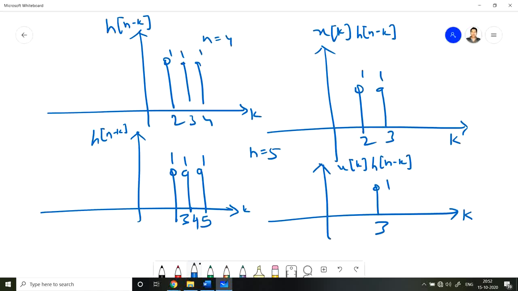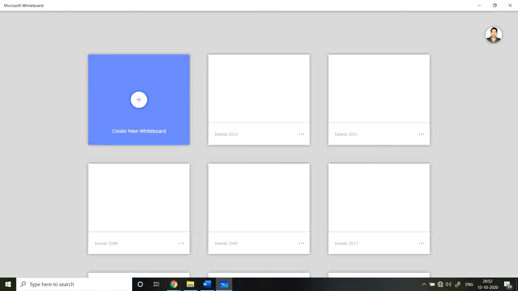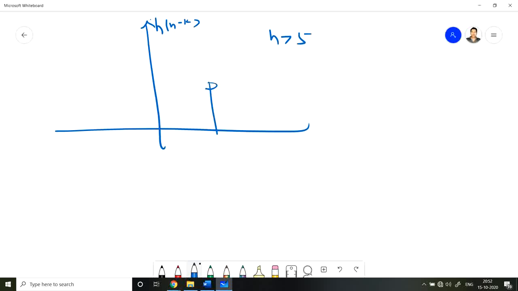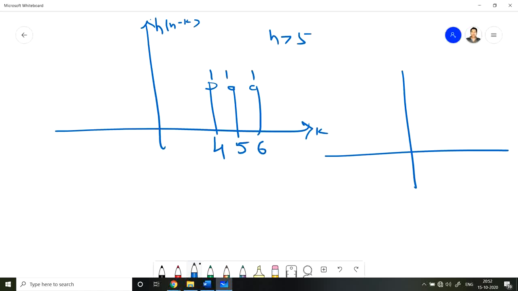Now the overlap is decreasing. When we have n greater than 5, h[n minus k] is 1 1 1 for k equals 4, 5, 6 and 0 for all other values, and the product x[k] h[n minus k] is all zeros.